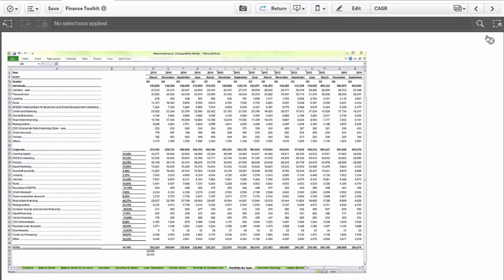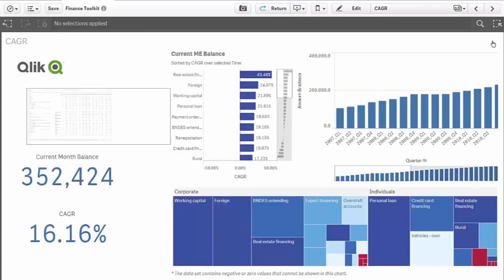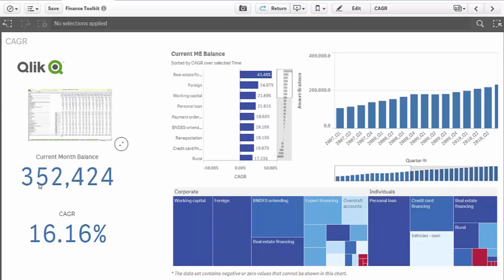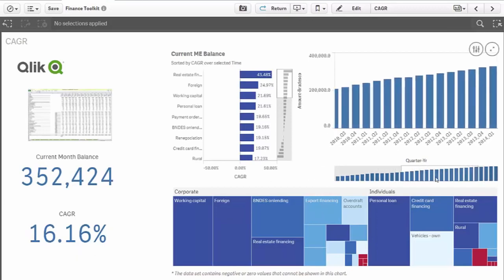So what I've done is taken these numbers into QlikSense, and I'm analyzing the current month-end balance, which is 352 million, and the compound annual growth rate of 16% over this entire time frame, and this is the trend being shown.